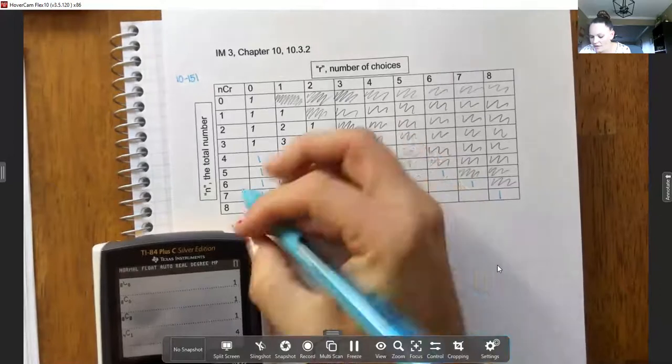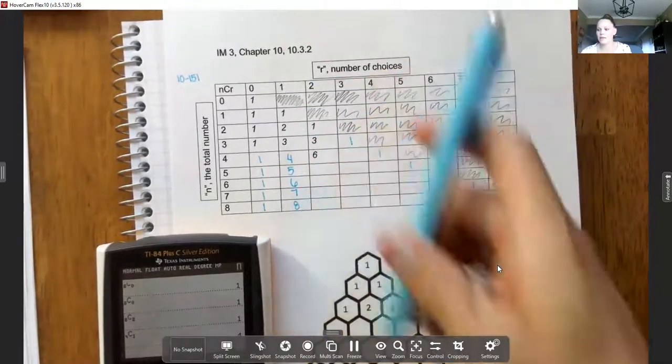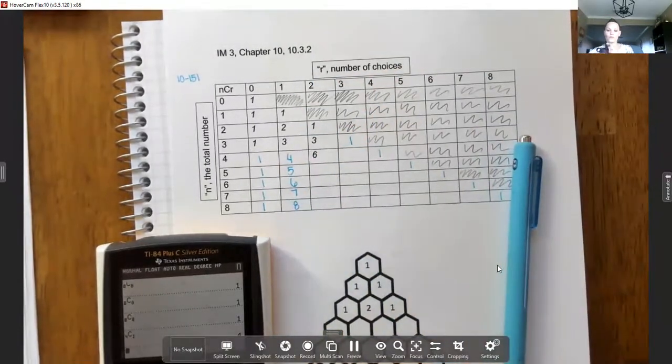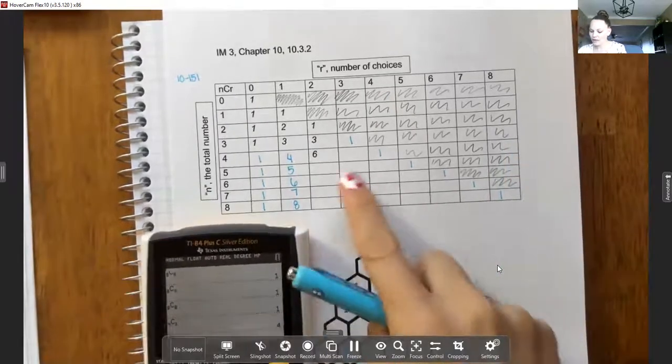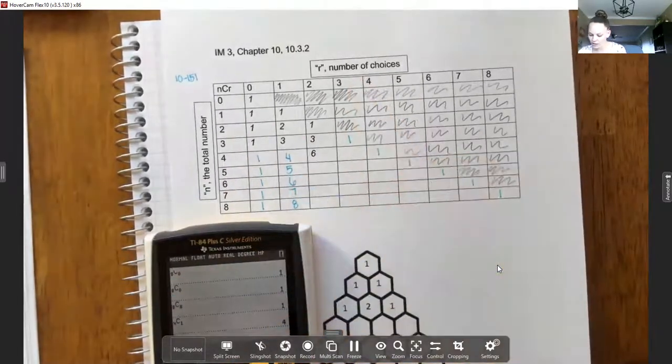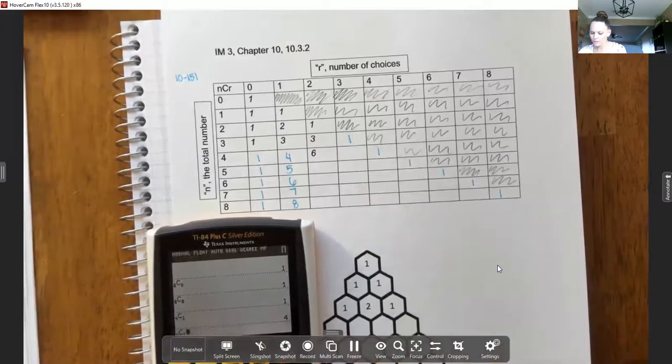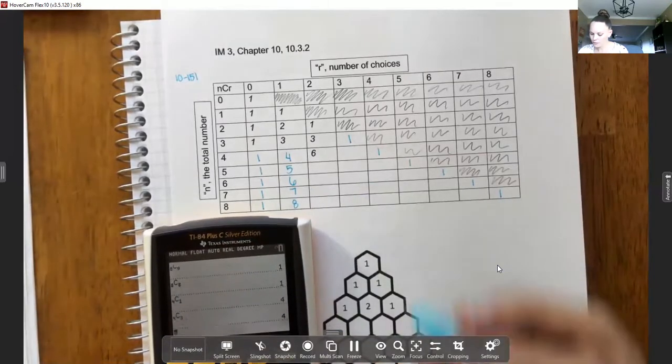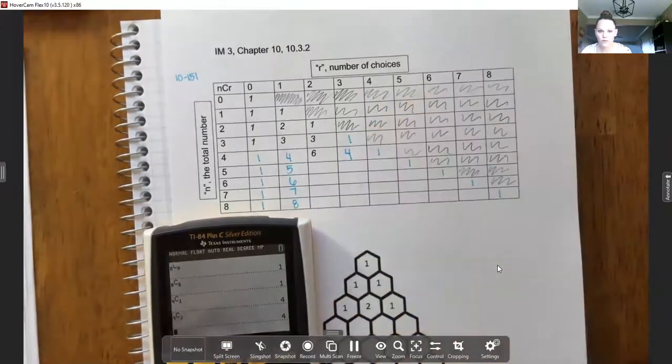If I have 8 things and I want to choose 1, well, there's 8 ways to do that. All right, so now we have to do the rest of them. 4, choose 3 is 4.